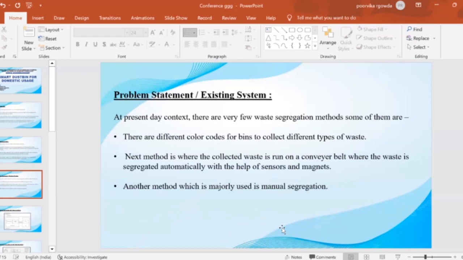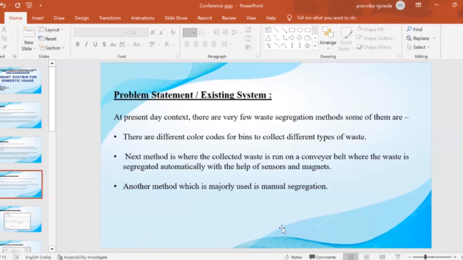Also there is another method in which the collected waste is run on a conveyor belt, and it can be segregated automatically with the help of sensors and motors. Magnetic and non-magnetic materials can also be segregated in this method. Another method is manual segregation, where all the waste is dumped into an area, and then the segregation is done manually.